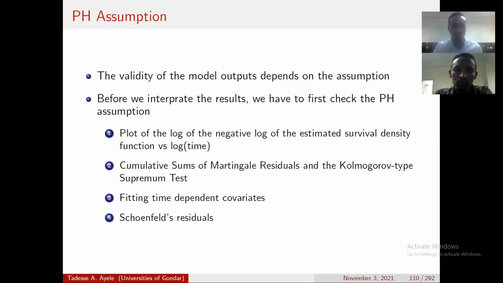Unlike linear regression, where there is only a single outcome variable, which is continuous, and logistic regression, where there is only one outcome variable, which is binary, in general categorical, in survival analysis we expect two outcome variables: time, as it is, and an indicator as a status variable. So whether the event is observed or not is one variable, and the length of time it takes to observe the event of interest is another variable.